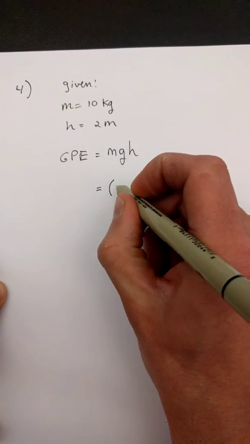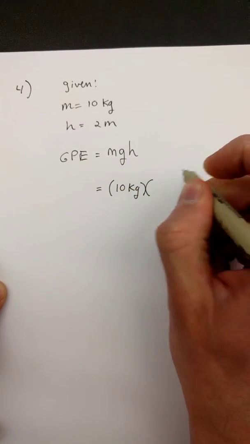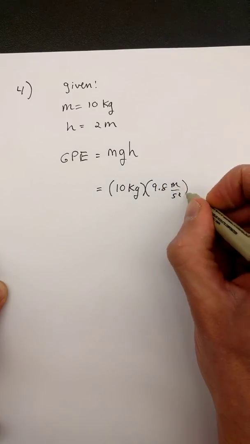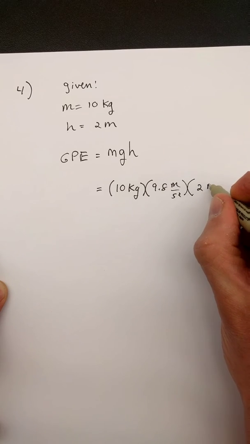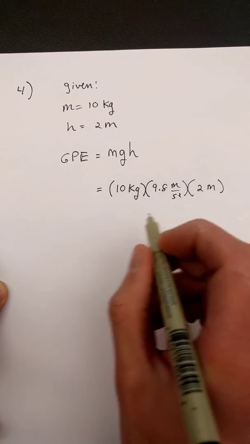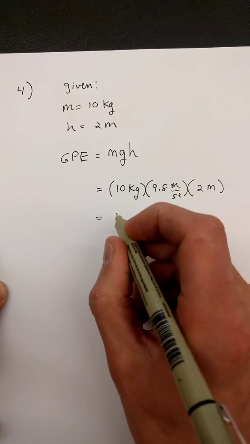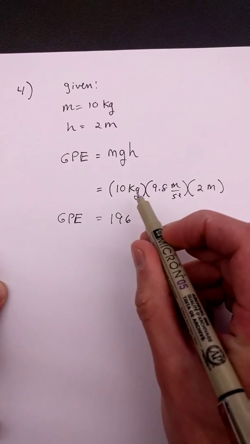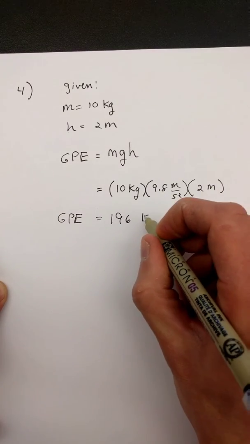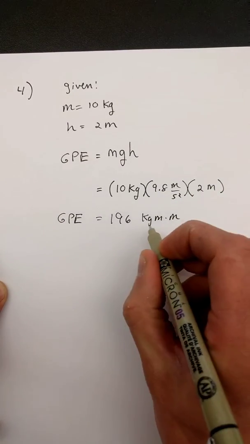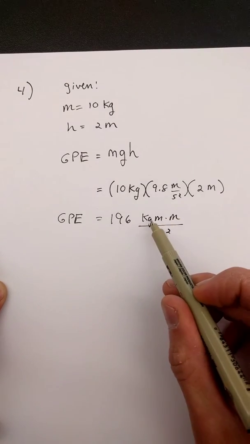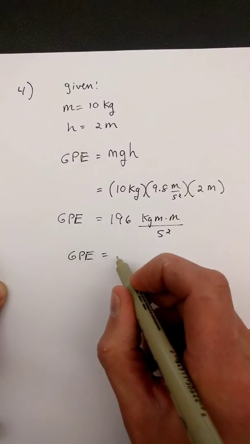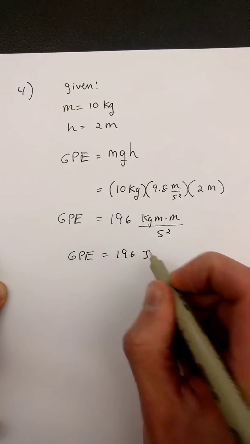So we have 10 kilograms times 9.8 meters per second squared times 2 meters. 10 times 9.8 times 2 is 196. Look at our units across the top. Numerator, kilogram, meters, all over second squared. Kilogram meters squared per second squared for a GPE, gravitational potential energy, of 196 joules.